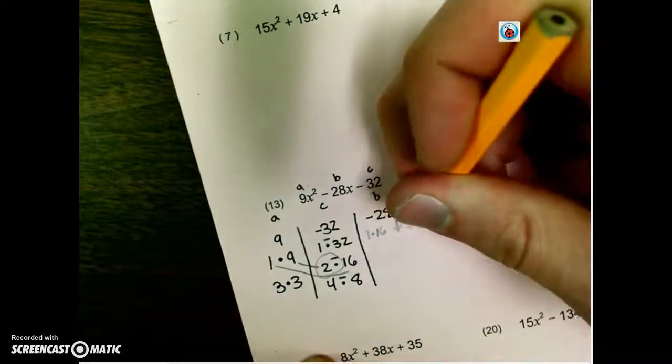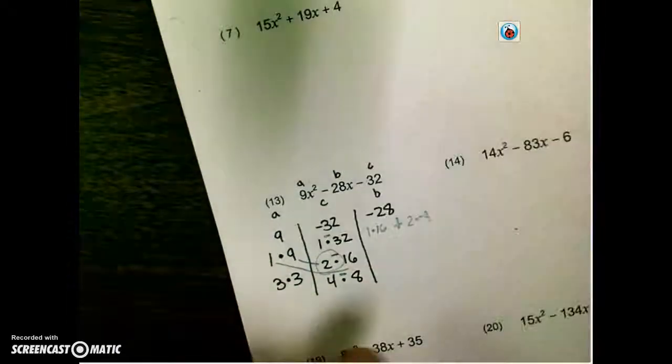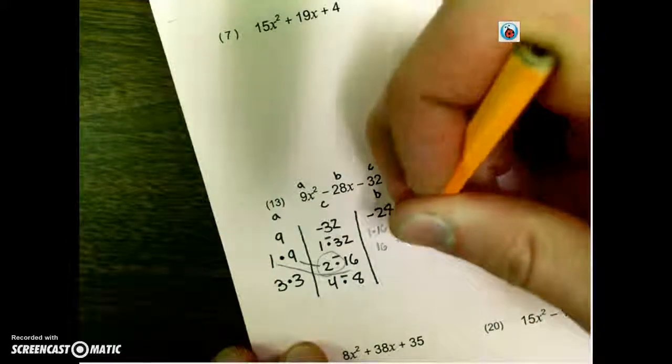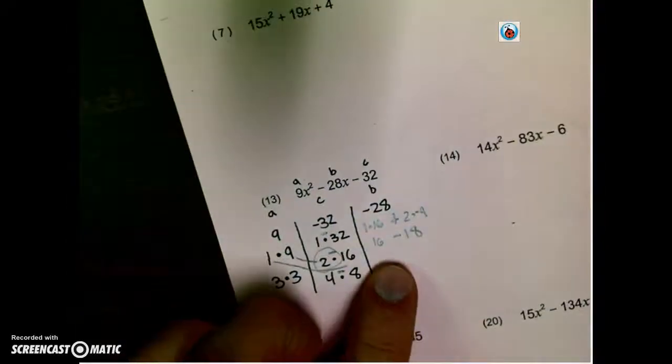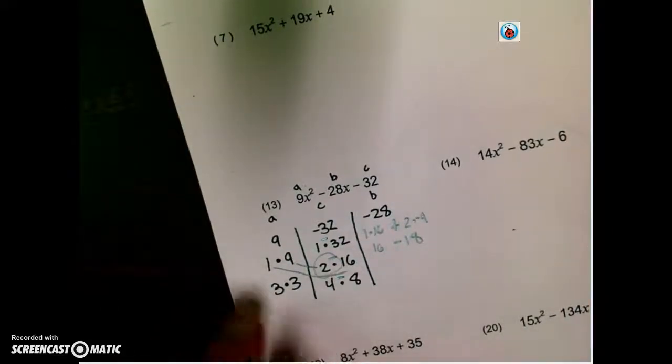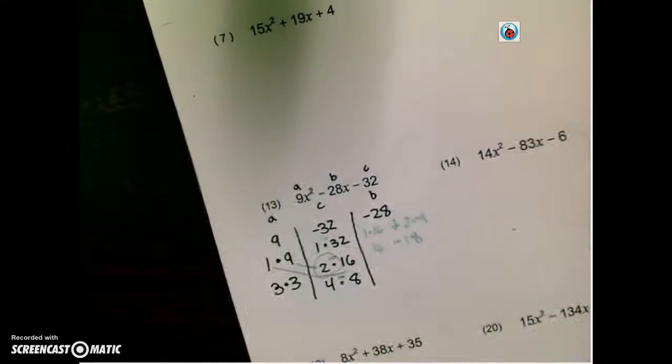And we'll see if it works. But this combination will not. I'll get a 16 minus 18. So what that tells me is that this particular combination is not the one that we are looking for. So we'll try again.